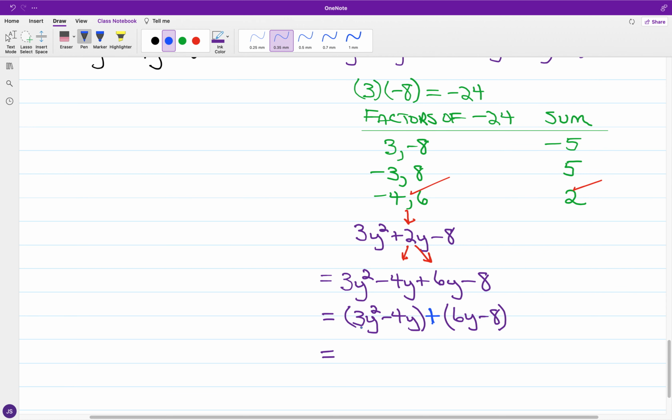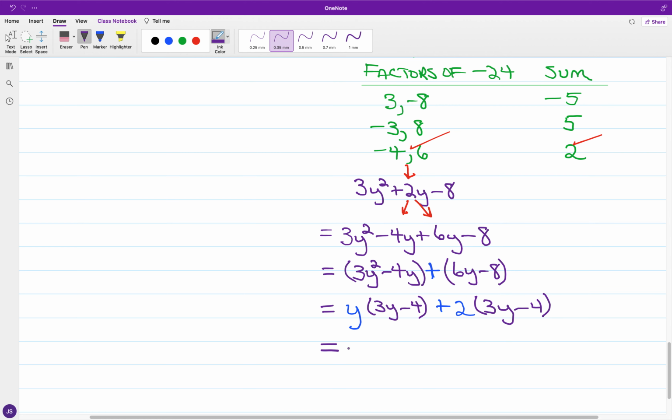Drawing out the greatest common factors: for 3y squared minus 4y, we have y, leaving 3y minus 4, and bring down the plus. For 6y minus 8, the greatest common factor is just the number 2, leaving 3y minus 4.